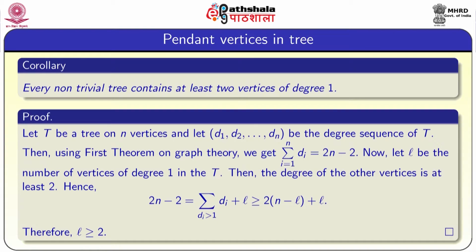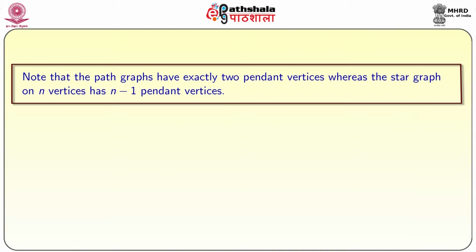So we showed that if a tree has at least 2 vertices, then it has at least 2 vertices of degree 1. Note that the path graph has exactly 2 pendant vertices, whereas the star graph on n vertices has n minus 1 pendant vertices. These are 2 extreme graphs.